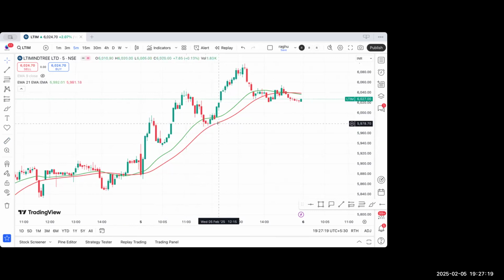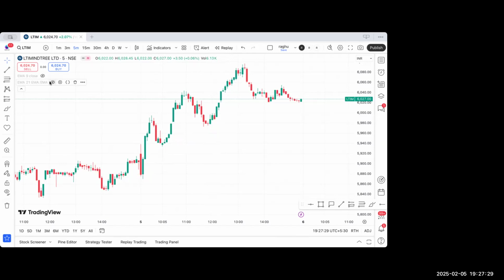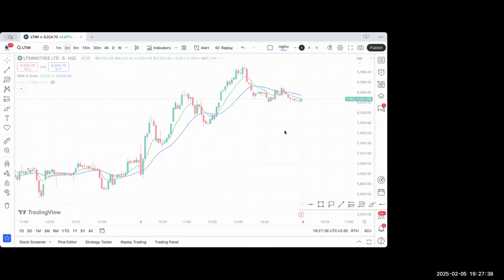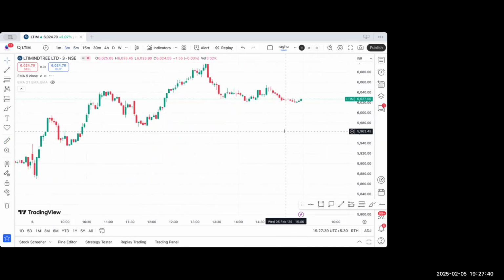But nobody will do that, because psychology plays a lot of role here. With this up and down, you will end up exiting somewhere here because of the fear. Now, let me add EMA 21. EMA 9, sorry. If you are taking EMA 9, it is only for the fast scalpers. It works better because a smaller EMA works better in a smaller time frame.